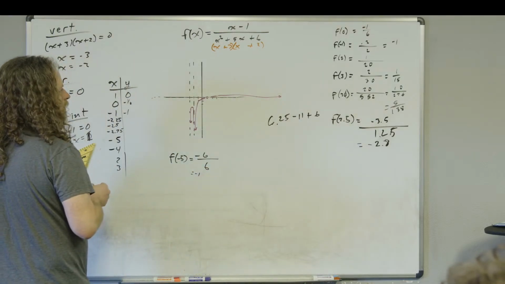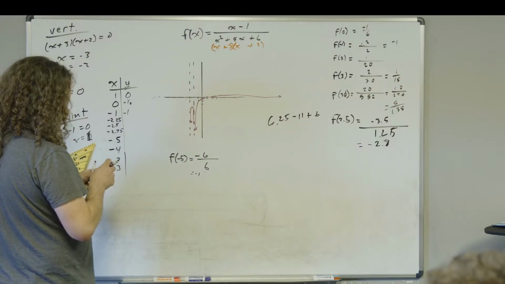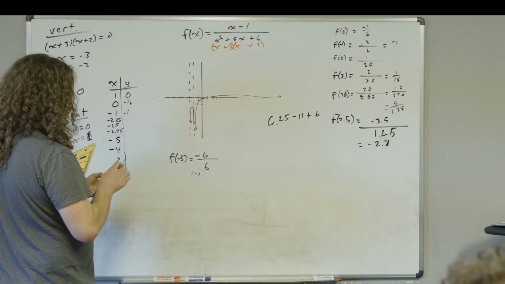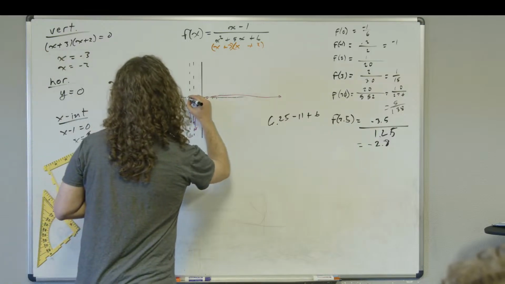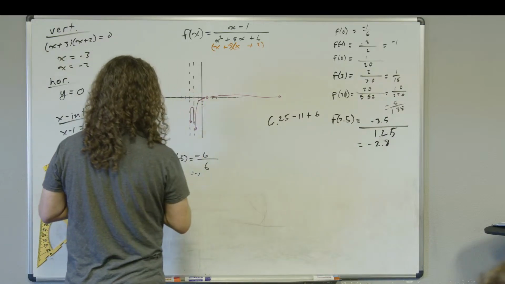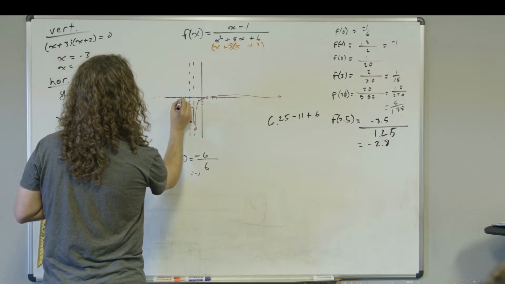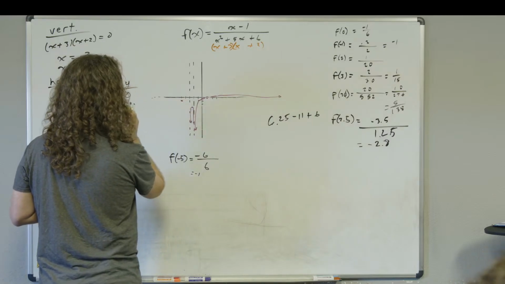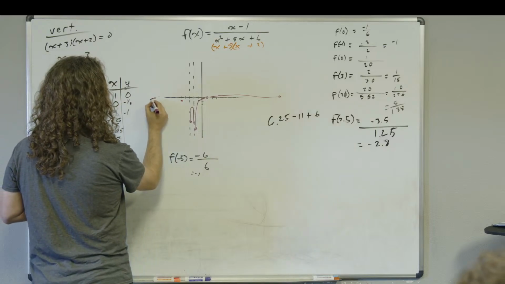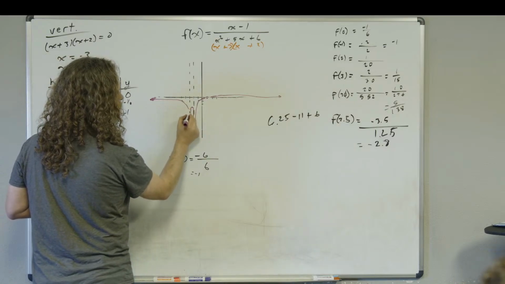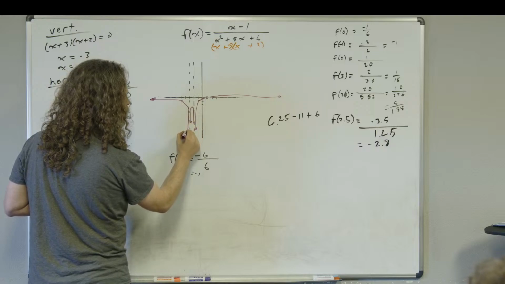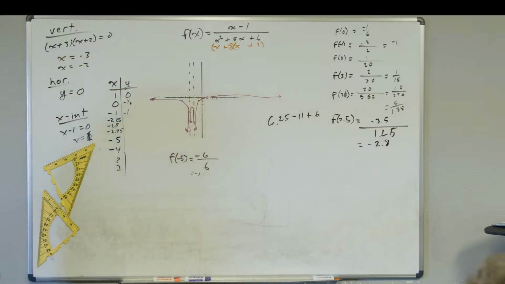So negative 1, 2, 3, 4, 5, and negative 1. So the dot is right here. Which means the graph is going to look like this. We did it.